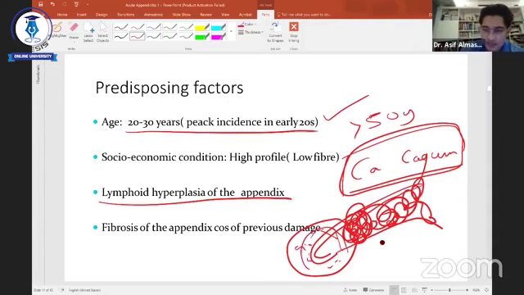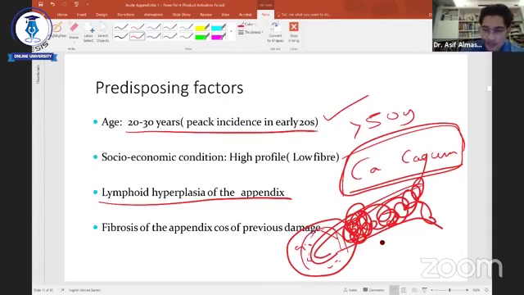Causes of appendicitis. Now, obstructive causes are the commonest cause. The fecolith or strictures are the commonest cause of appendicitis, which causes bacterial proliferation. One of the intestinal parasites is also important, which is Enterobius vermicularis, or the pinworm.